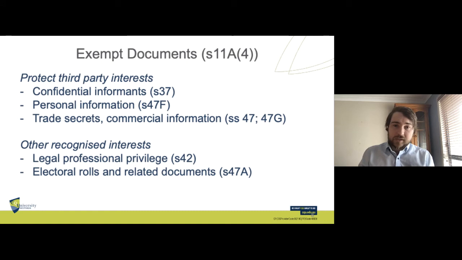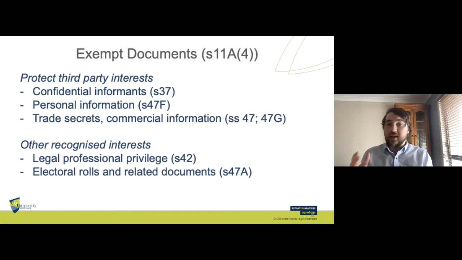And then the last category are a series of other recognised interests. So things like legal professional privilege. So the advice that a lawyer gives to their client can't be released. And so the advice that the government solicitor gives to the government, that usually can't be released unless the government chooses to.